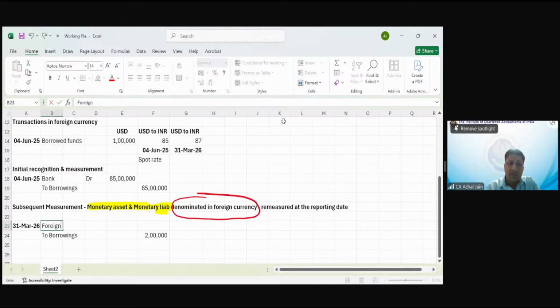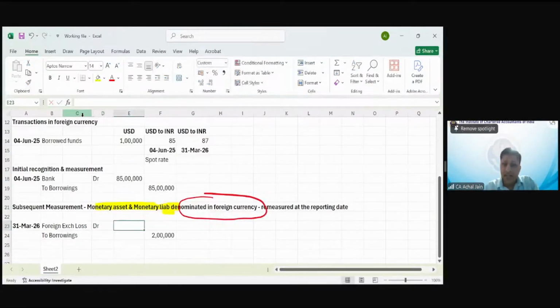So we'll call it foreign exchange difference. And now this foreign exchange difference is a loss. So you can call it foreign exchange loss. Foreign exchange loss, debit, 2 lakhs.